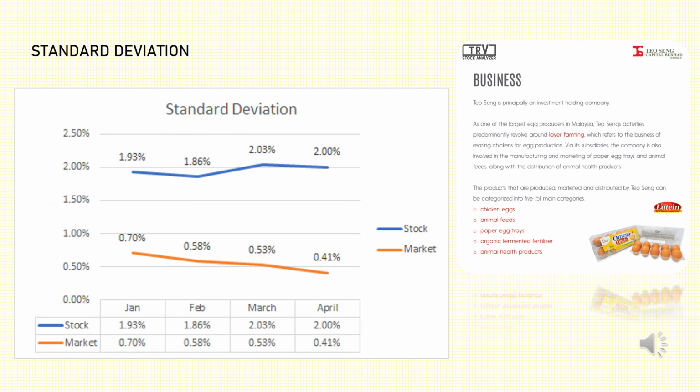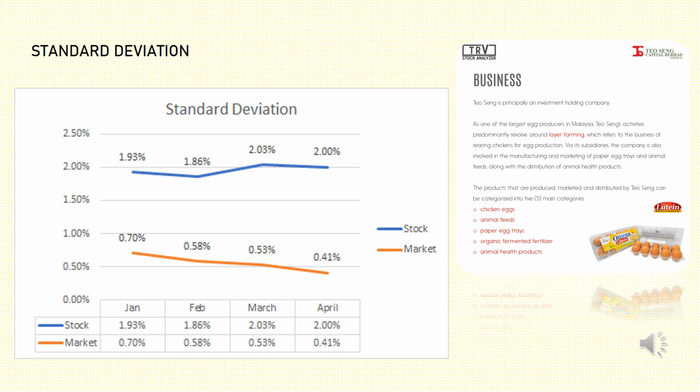ROE. For the standard deviation of Tiosan Capital, the stock value lies within the range of 1.93% to 2.00%. A low standard deviation means that the data is very closely related to the average, thus it is very reliable.